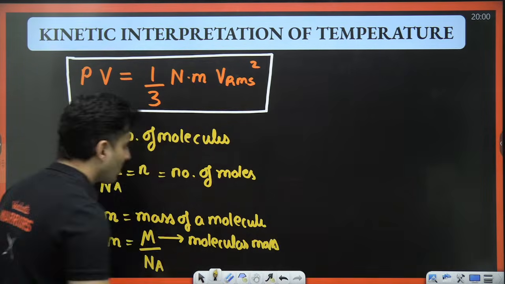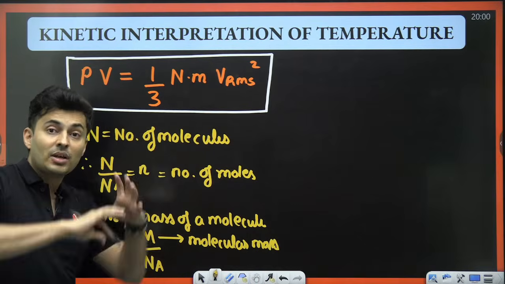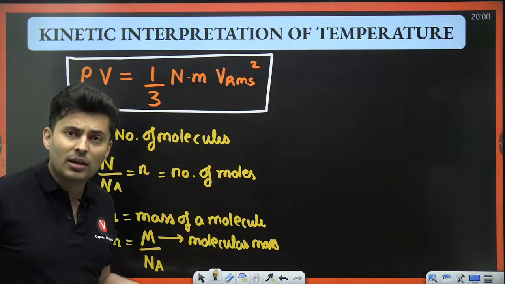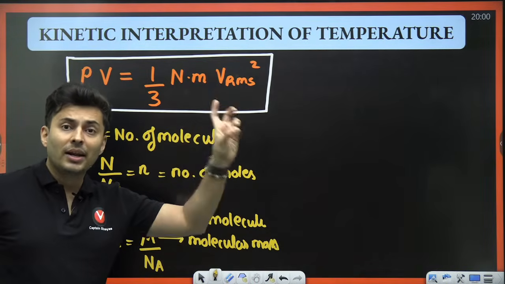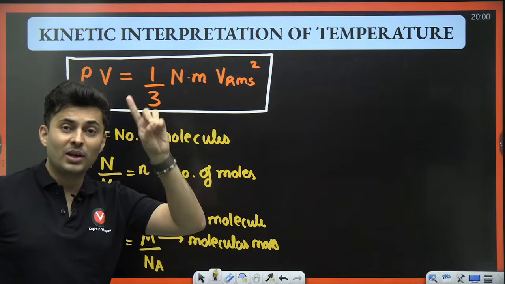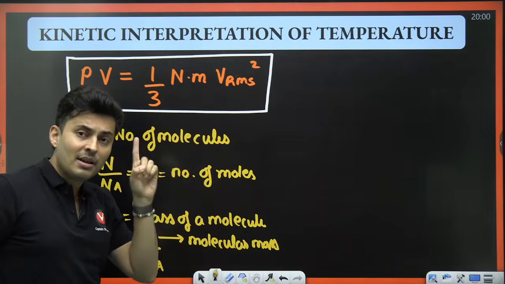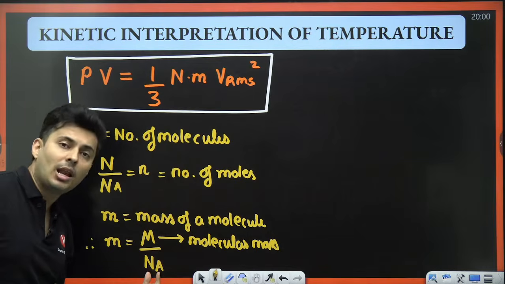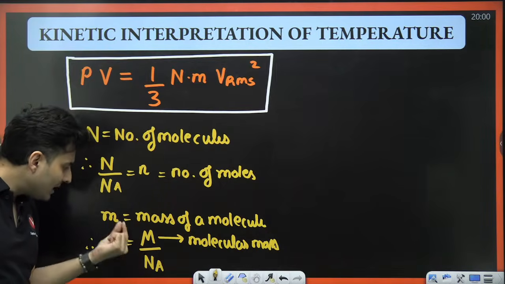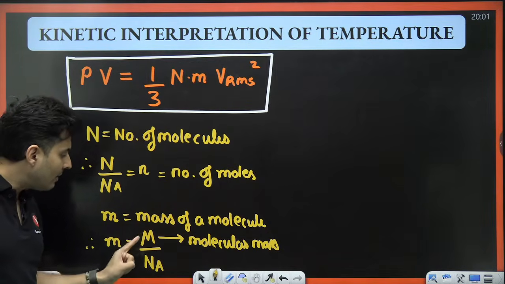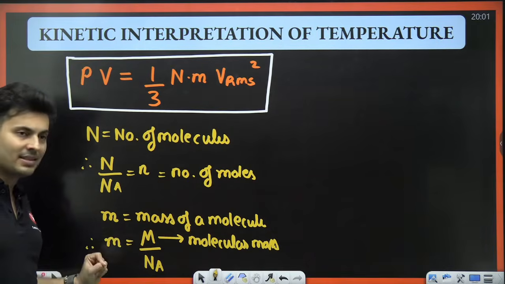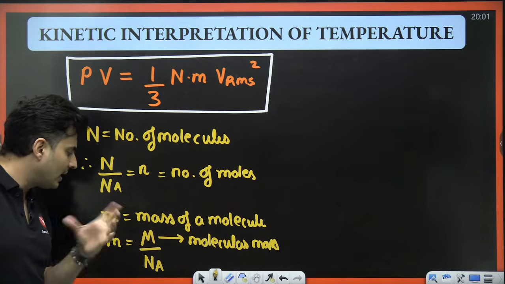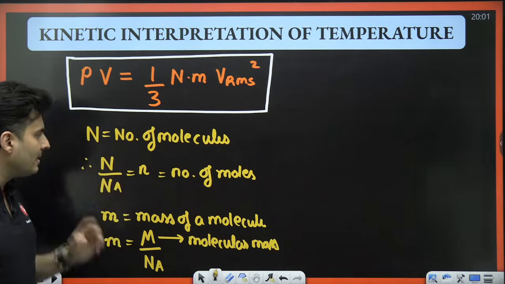That's the mass of 1 mole. Let's say, for example, oxygen is 32 grams per mole. 32 grams of oxygen is there in 1 mole. 1 mole has Avogadro number of molecules. So each molecule will have M divided by Na mass. So that's why m is capital M by Na. Is this clear, my dear warriors?